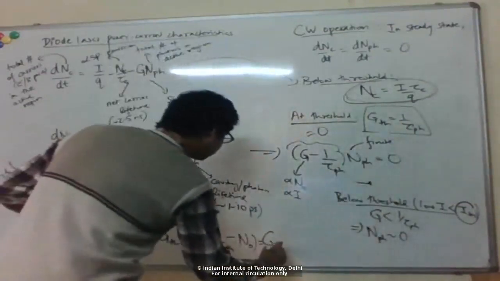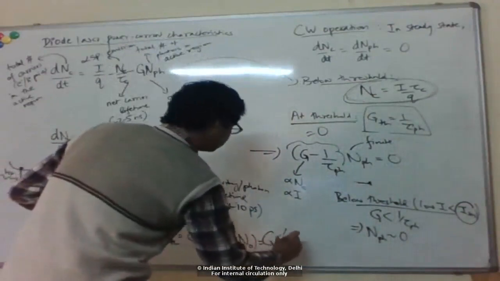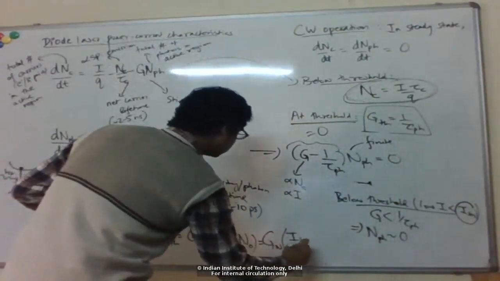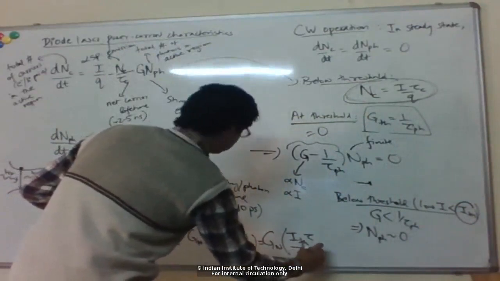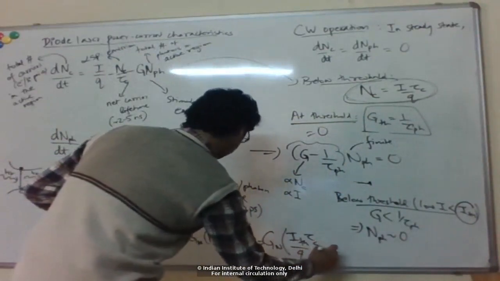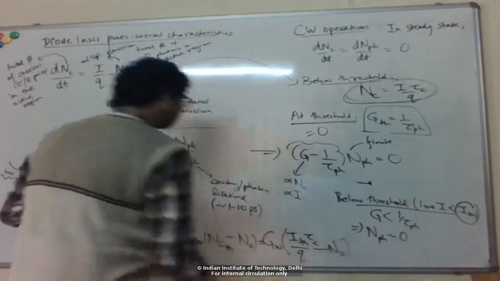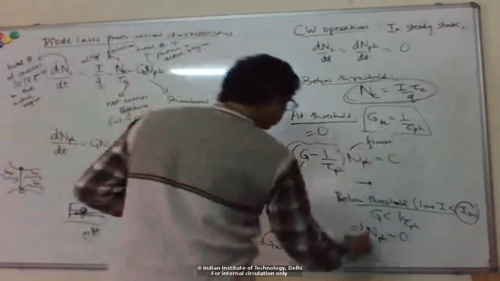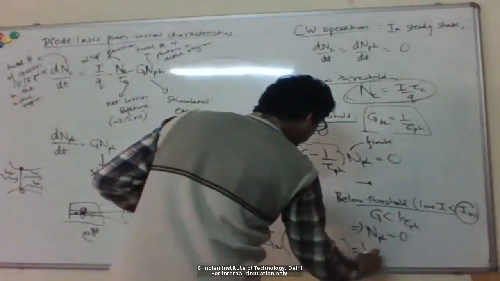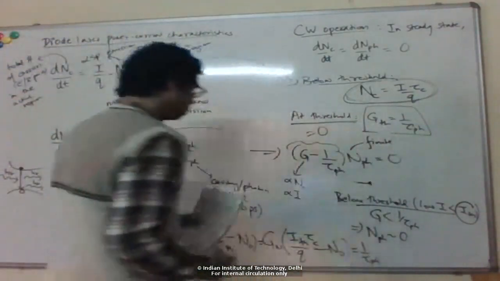So I can write this as I threshold tau c, minus n, and this is equal to 1 over tau photon, right?